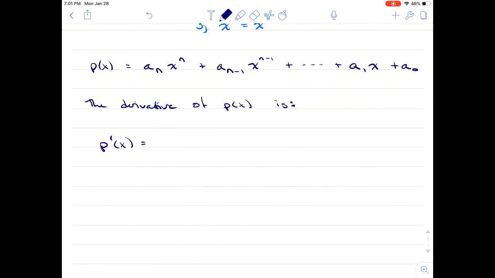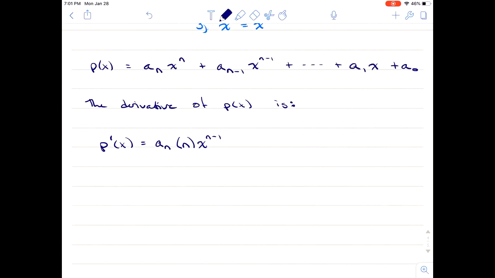We still have the a subscript n. That's going to be there still. But what happens is we bring down the power and then decrease the power by 1. So what I mean by that is you have a subscript n times x to the n minus 1.